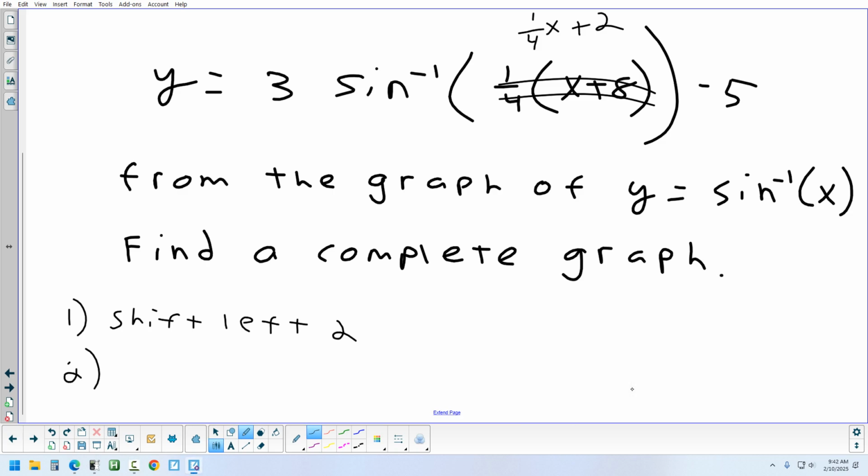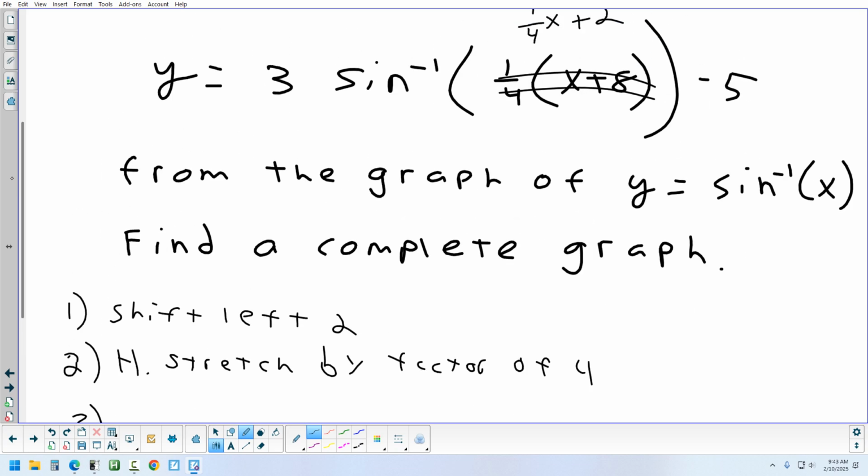What's the next transformation? Horizontal stretch by a factor of 4.